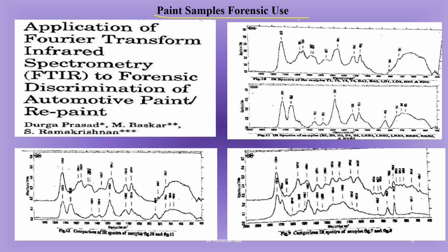So this is my paper, Application of FTIR Spectra for Discrimination of Paint Samples, which is available on ResearchGate. Using this technique, I discriminated two similar types of paints having the same color.